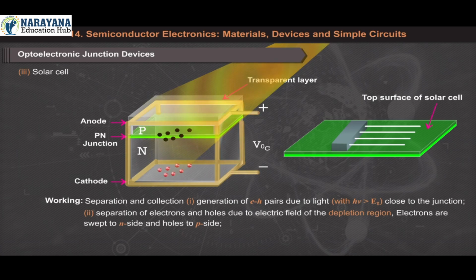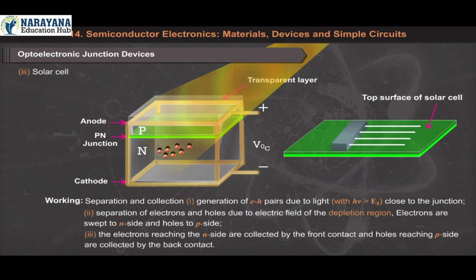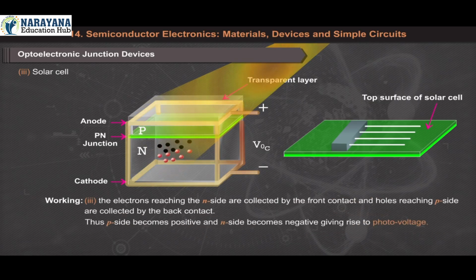Electrons are swept to N side and holes to P side. Number 3. The electrons reaching the N side are collected by the front contact and holes reaching P side are collected by the back contact. Thus, P side becomes positive and N side becomes negative, giving rise to photovoltage.